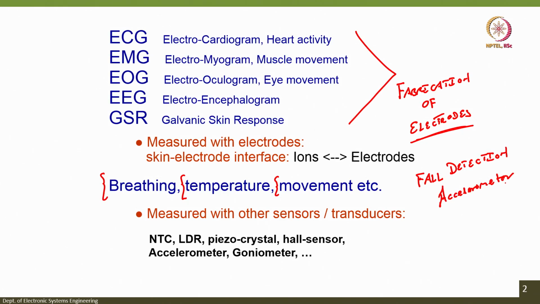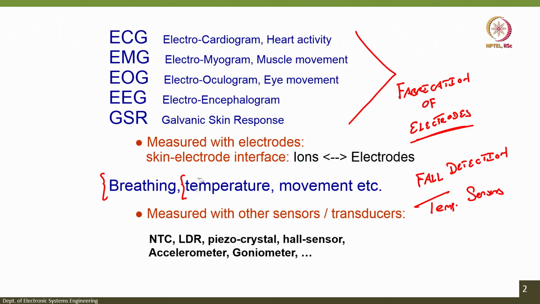Accelerometer, right. Same thing, if you want to measure the temperature, that means the band or watch should have temperature sensors, right. Same thing goes for breathing and so on.